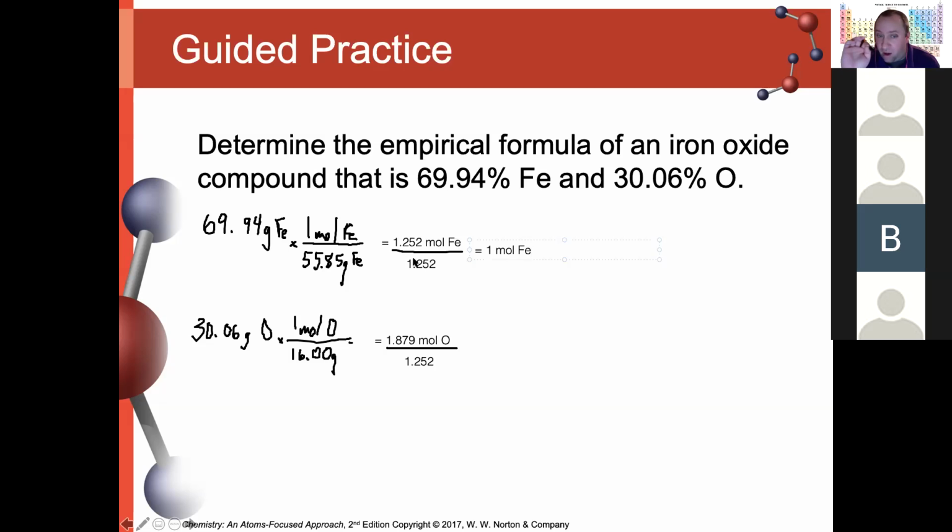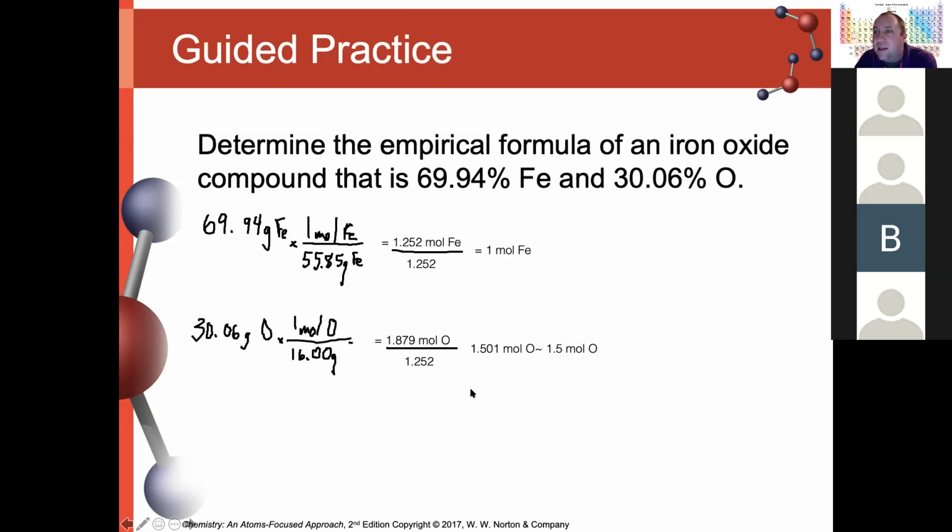And then from there, we can hopefully get every other one to either come out as a whole number as well, or come out to a fraction that we recognize. And so 1.879 divided by 1.252 gives me 1.501. And we can recognize that's close enough to 1.5.